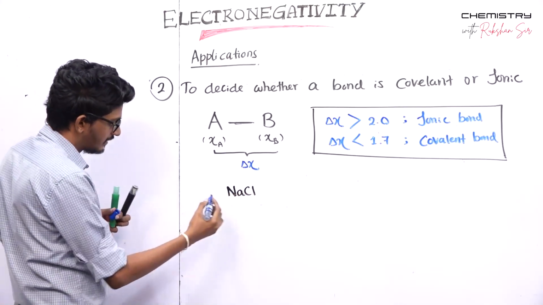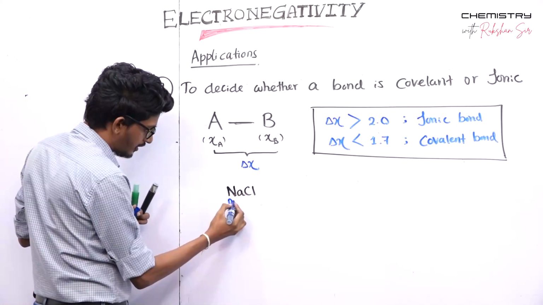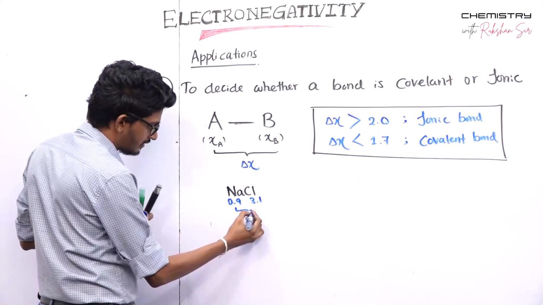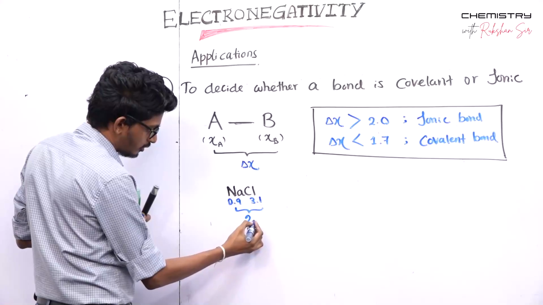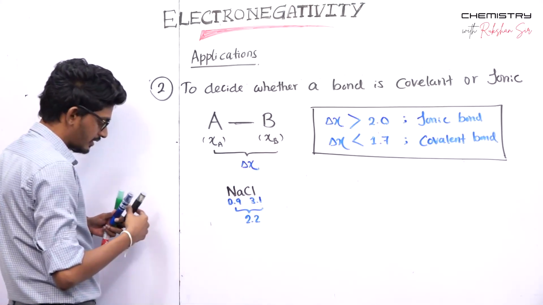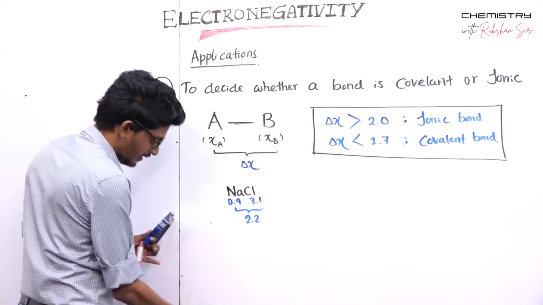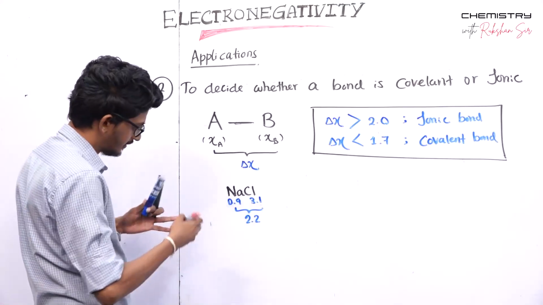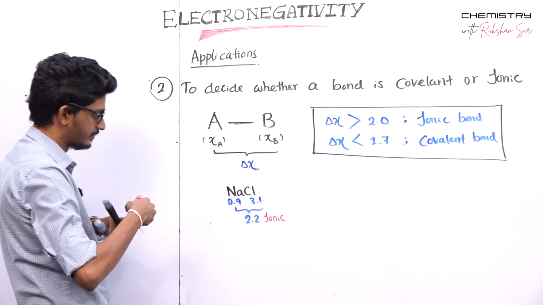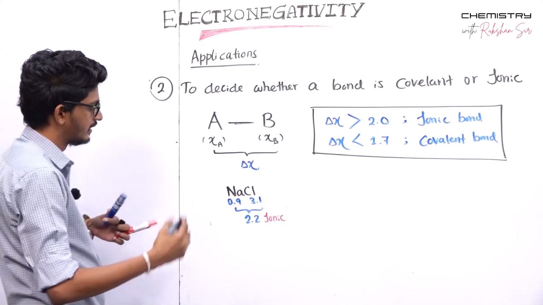Na is 0.9, Cl is 3.1. The difference is 2.2. It is exceeding 2 units. That means the bond is ionic. Right?